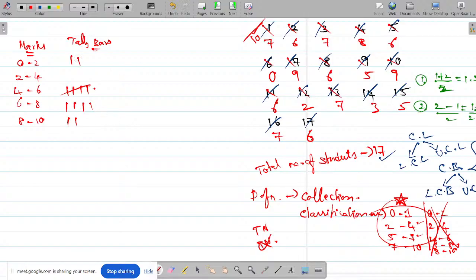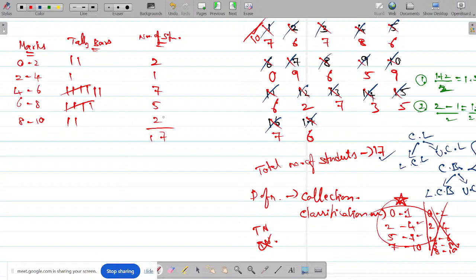Am I right? 14. 3, over here. For the 15th student, it's 5, over here. 7, over here. 6, over here. Frequency, number of students. It's 2. 7. I'm getting 17. Yeah, 17.